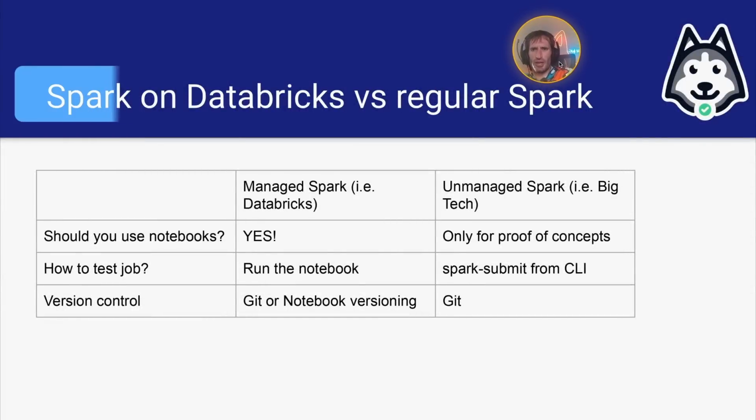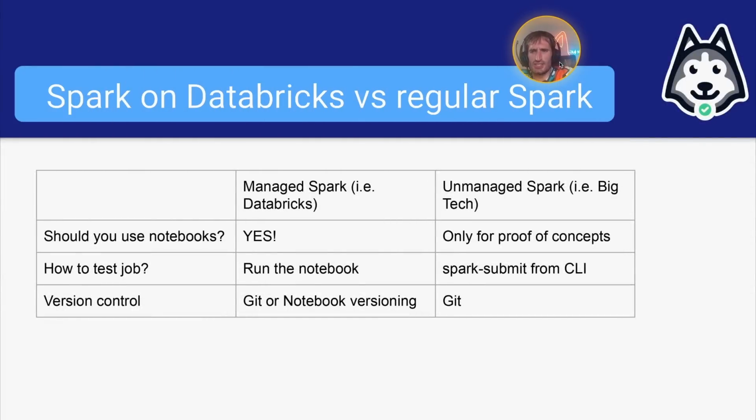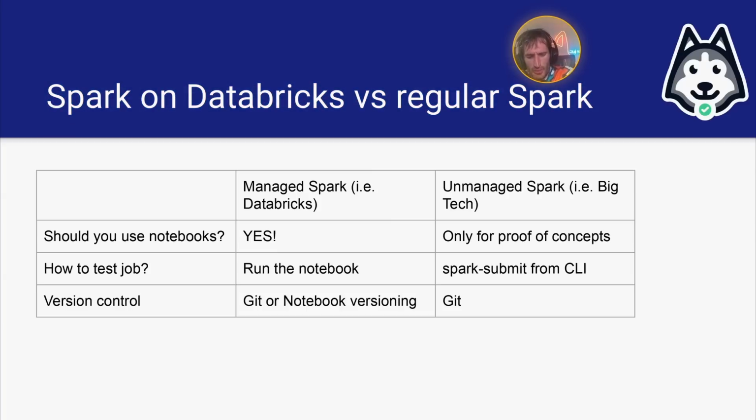Okay, let's talk a little bit about the ways Spark is run. Y'all know we were going to use Spark on Databricks, and then it kind of fell through. But Spark on Databricks and unmanaged Spark have different ways that you want to run and test your job. Generally speaking, should you use a PySpark notebook when you're running your job?